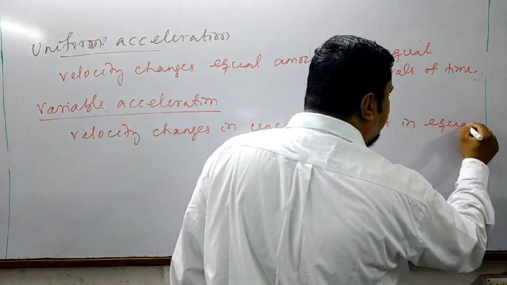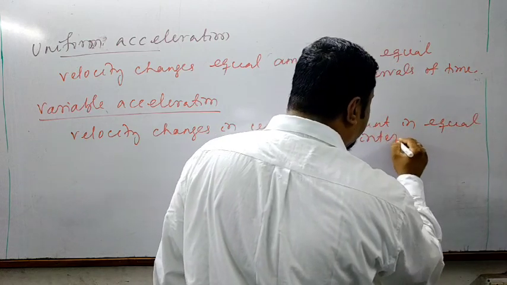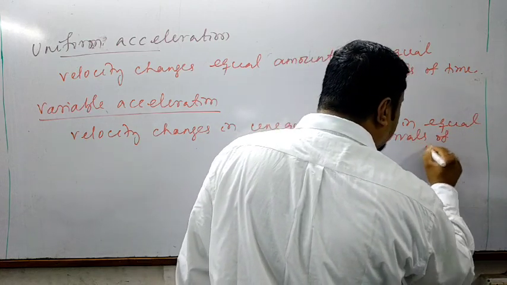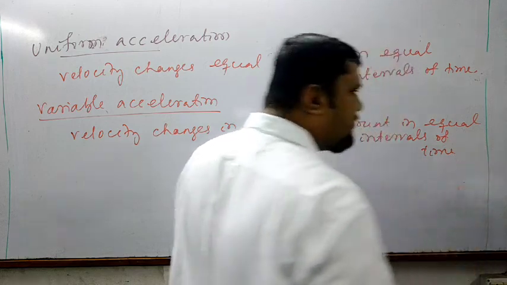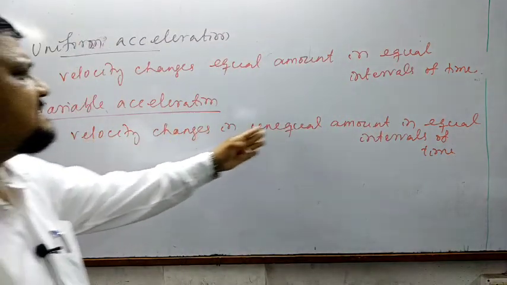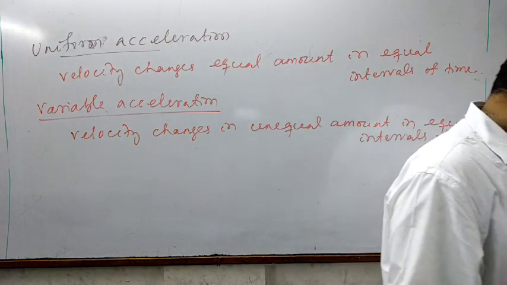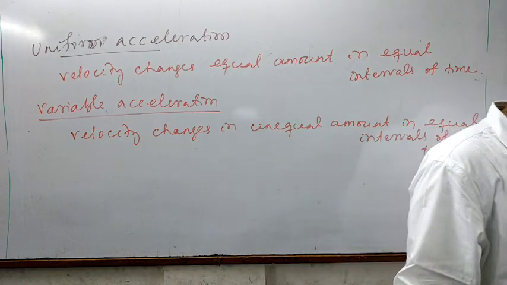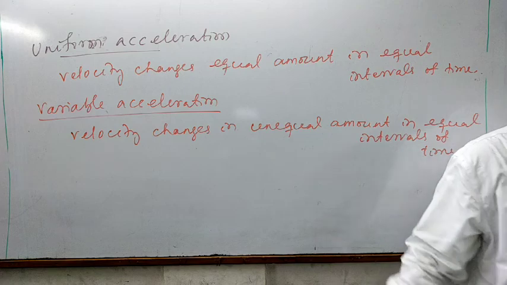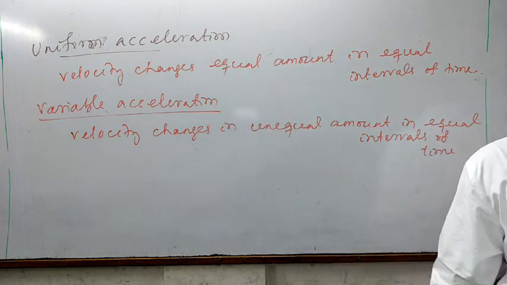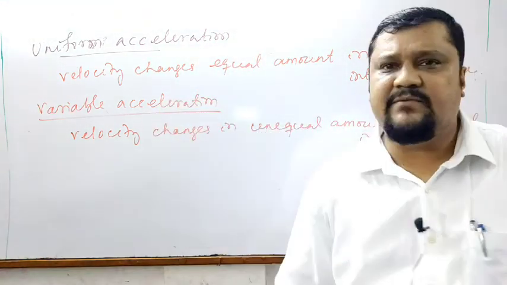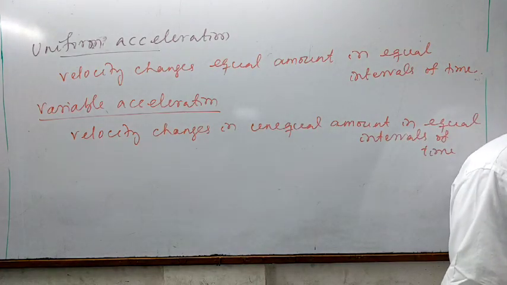Or, in other form, velocity changes in equal amounts in unequal intervals of time. This is also known as variable acceleration or non-uniform acceleration.